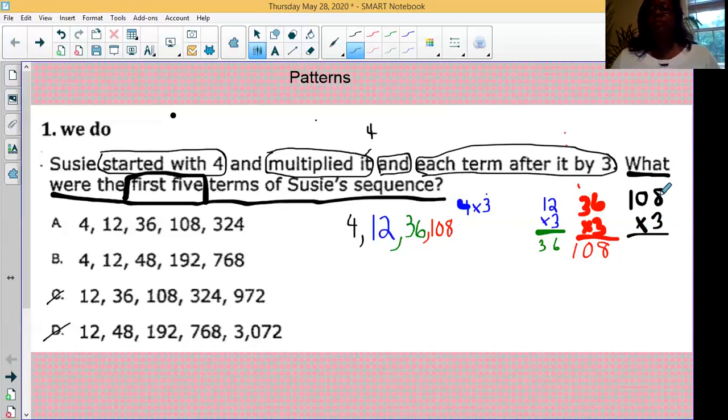Okay, so 3 times 8 we know is 24. Put down the 4. Put my plus 2 above my 0. Now I'm going to do 3 times 0 is 0 plus 2 gives me 2. And then 3 times 1 is 3. So the fifth number in my sequence is 324.